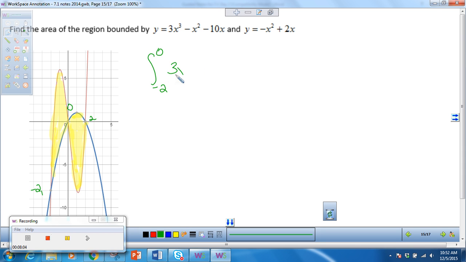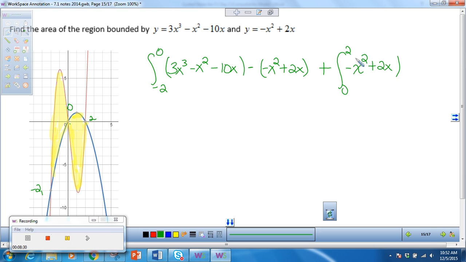So it's 3x cubed minus x squared minus 10x minus -x squared plus 2x, plus, and then we integrate from 0 to 2, and now the quadratic function is on top, and we subtract that from the cubic function.